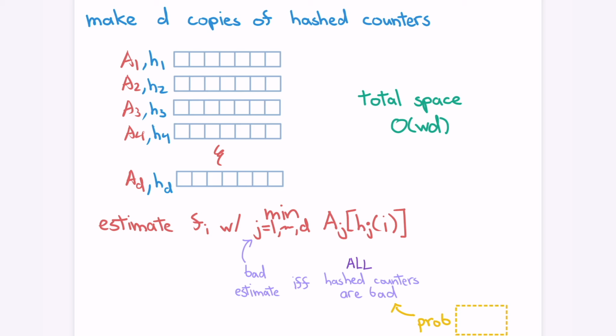Your min is going to be bad only if all of them are bad. That's stronger than saying it's bad on average. Only if every single one is bad. And what are the odds they're all bad? Yeah, 1 over 2 to the d.